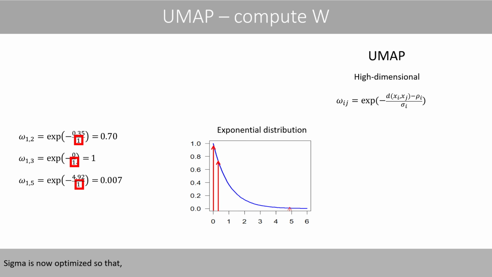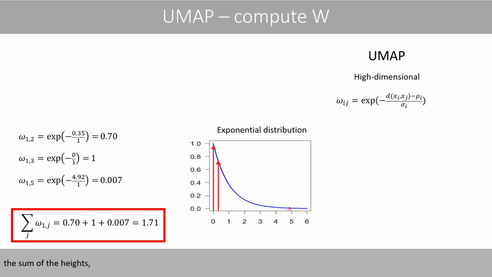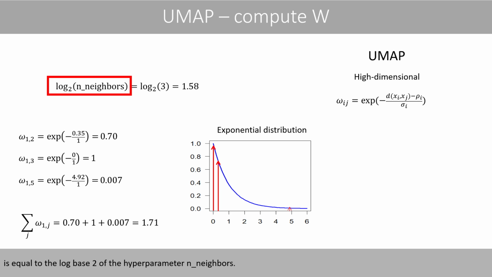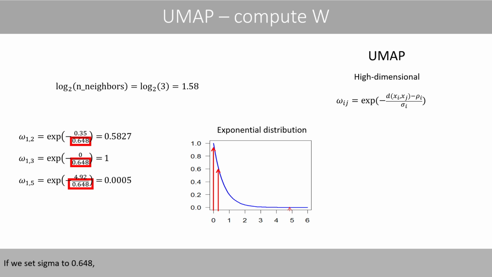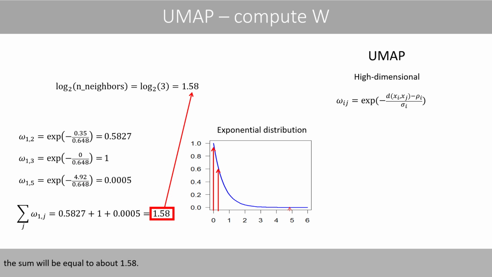Sigma is now optimized so that the sum of the heights is equal to the log base 2 of the hyperparameter n neighbors. Remember that we previously set the hyperparameter n neighbors to 3. Sigma is now adjusted so that the sum of the heights is equal to 1.58. If we set sigma to 0.648, the sum will be equal to about 1.58.